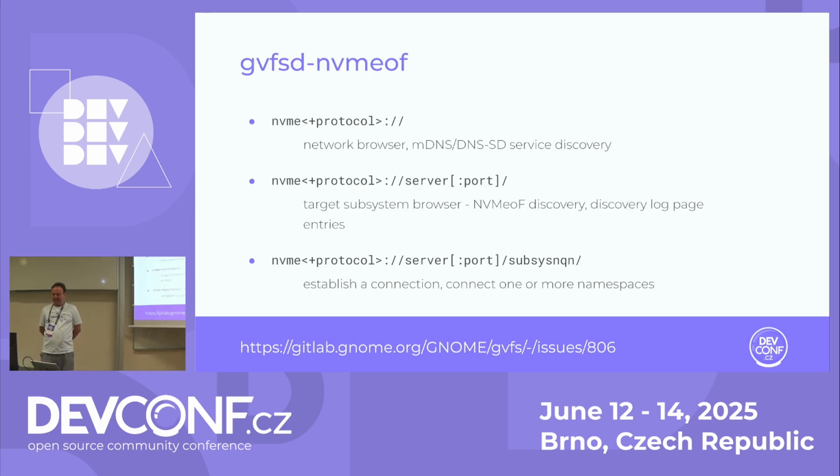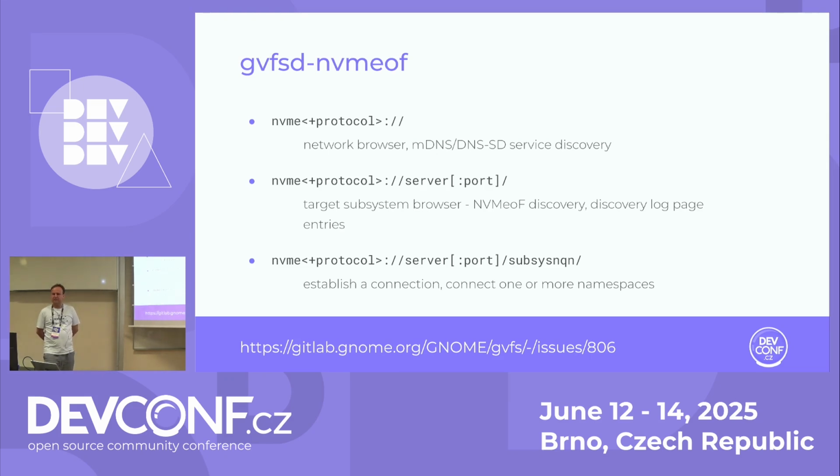This is the proposal of a new GVFS backend. I didn't mention that there is also a mechanism to discover discovery controllers on the network using mDNS. GVFS already provides a network backend which uses Avahi to discover services on your local network. This is typically used for Samba servers, just like on Windows.